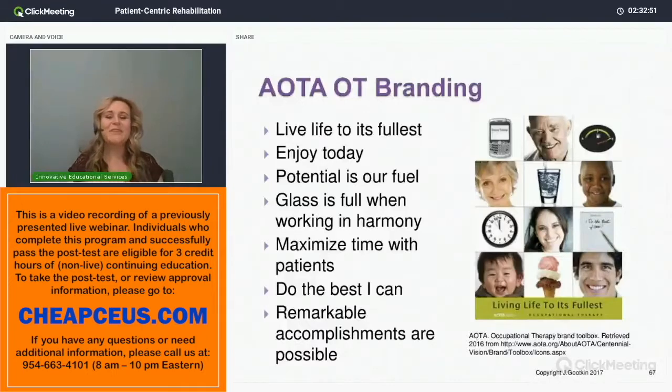Building a bond already. They have a glass that's full, and this is representing that when the glass is full, we're in harmony. We're full of harmony. The ice cream cone, I forget every time what it is, but it makes me feel good and happy, right? Being the best that you can be. Live life to its fullest, fuel your potential.